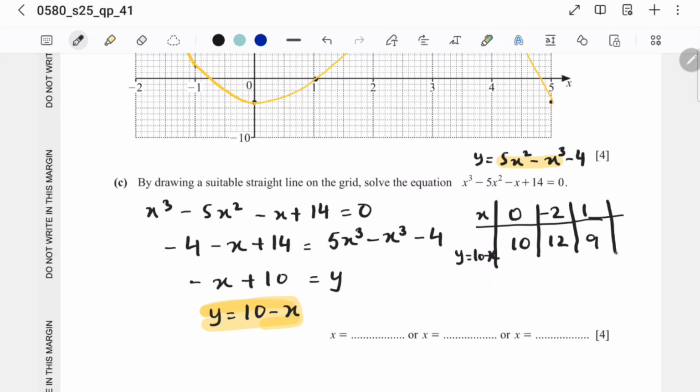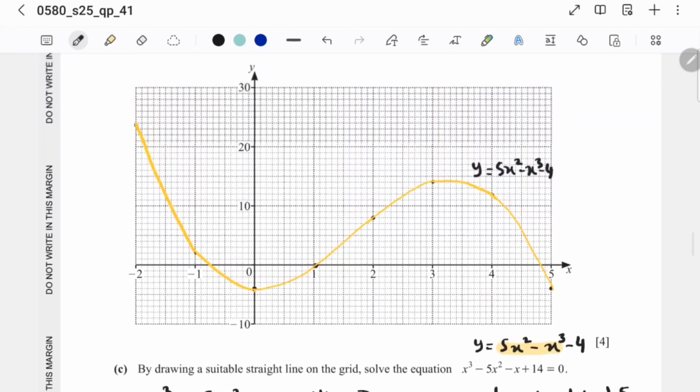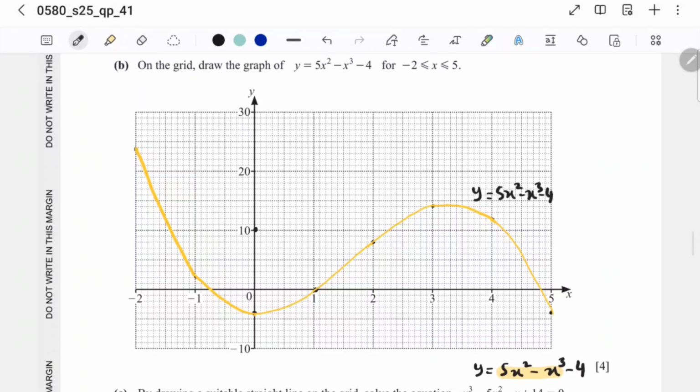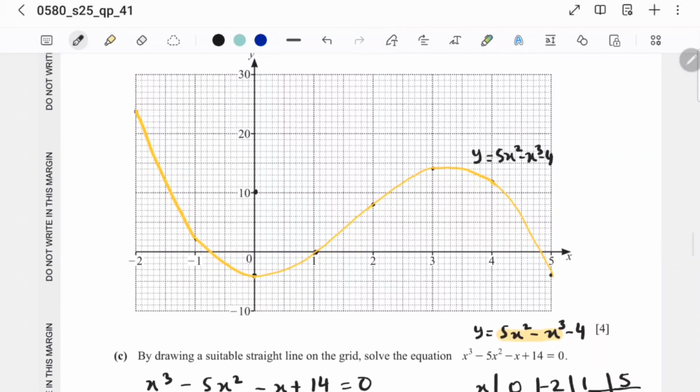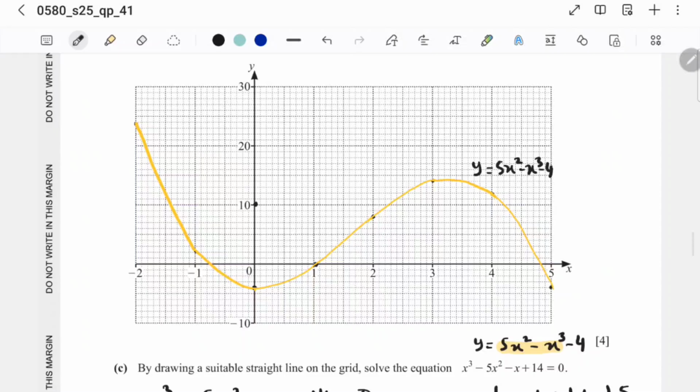If I take 5, 10 minus 5 is 5. Okay, I'm plotting 0, 10, and then minus 2, 12, and then afterwards I have 5 and 5.